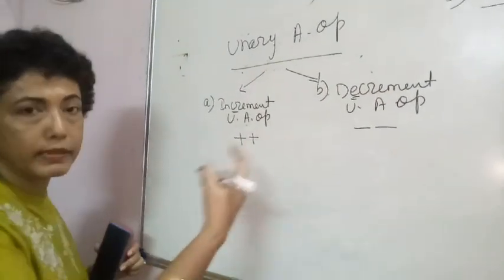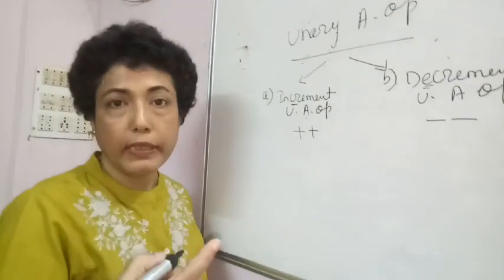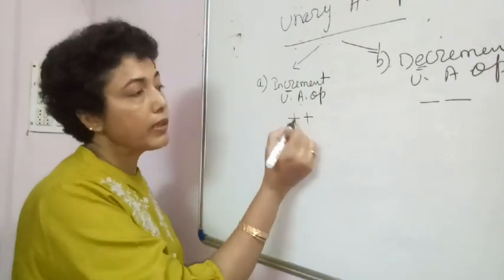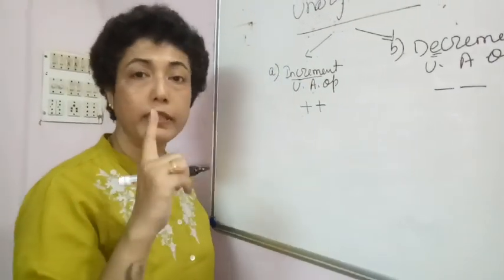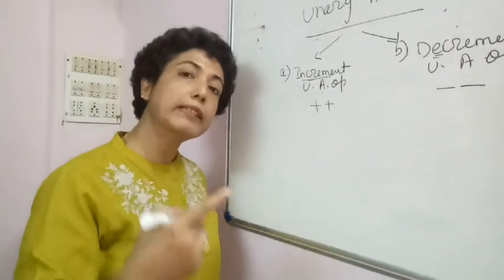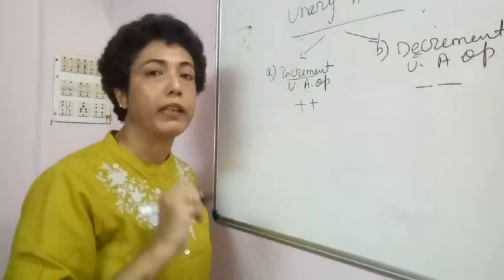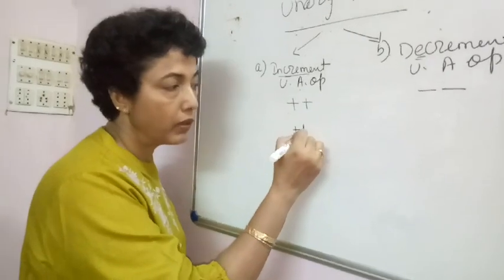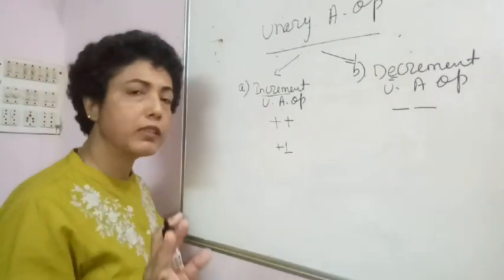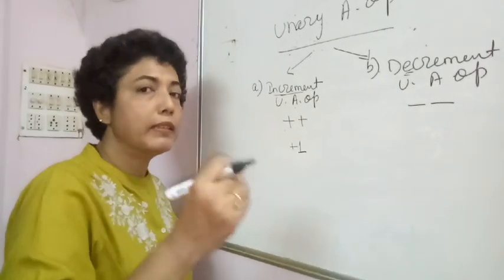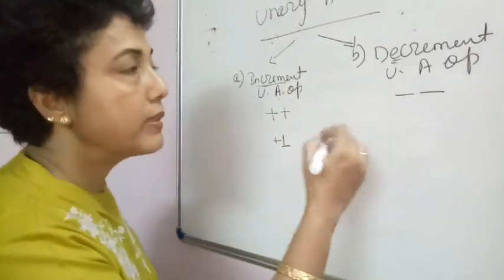Now what are these? As the symbol suggests, plus means increases, right? So this increment operator is used for increasing the value of the operand by 1. Whatever will be the value of the operand, 5 or 6 or whatever, it will just increase it by 1, making it the next number.